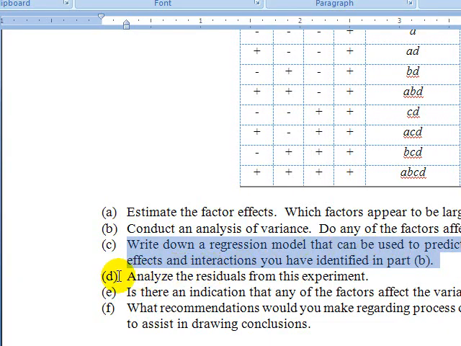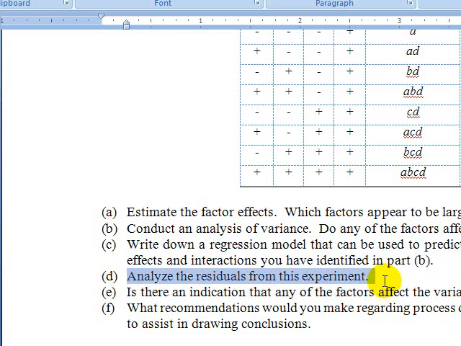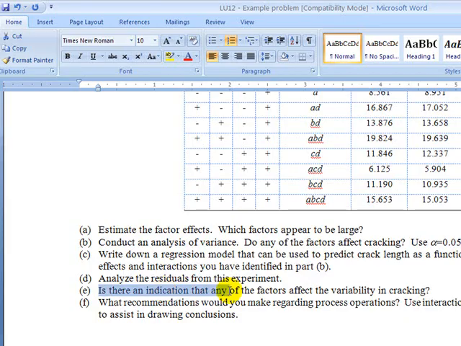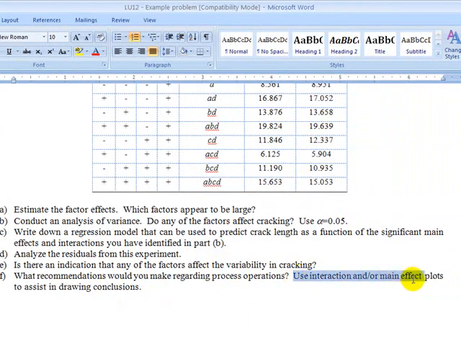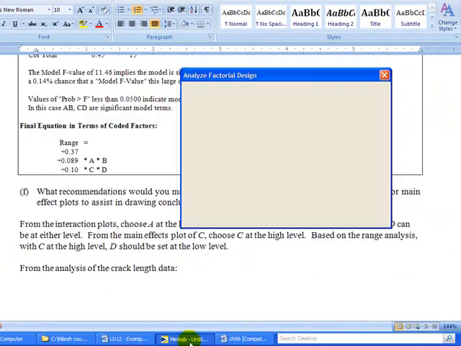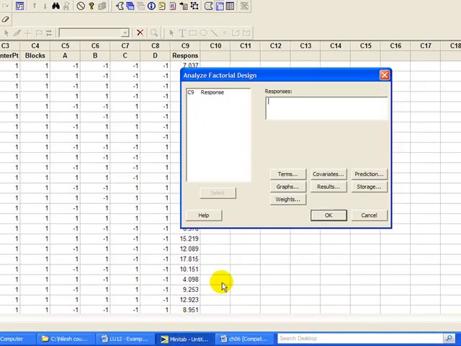Then we need to analyze the residuals from this experiment, as we always do. Then is there any indication that any of the factors affect the variability in cracking? Okay. And finally, what recommendations would you make regarding process operations, right? And we need to use interaction and main effect plots to assist in drawing conclusions. So good. Basically, we need to analyze this experiment and make a recommendation.